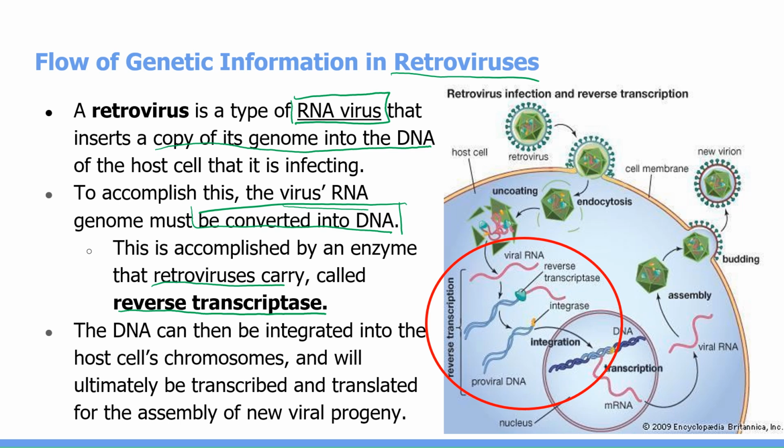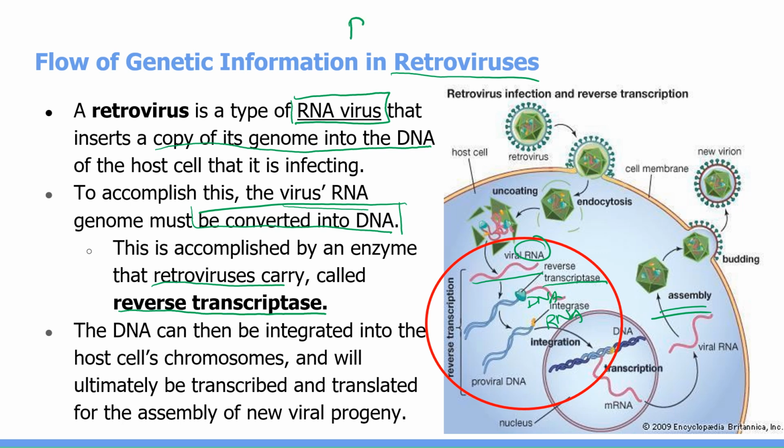So let's take a look at the process. Viral RNA, reverse transcriptase converts that RNA into DNA, back to RNA, to the proteins. Okay, so there we have it. That is the flow of genetic information for retroviruses.